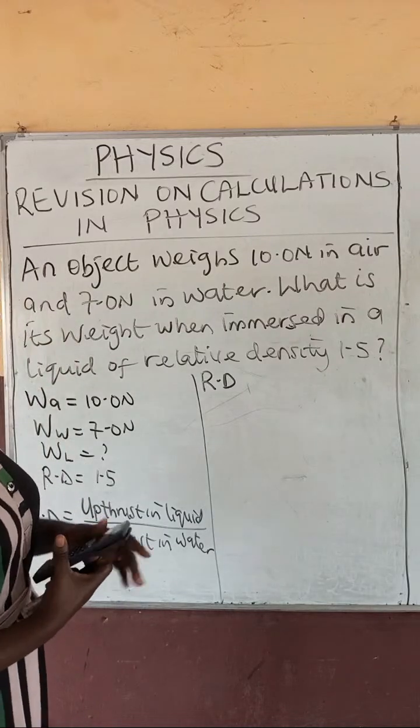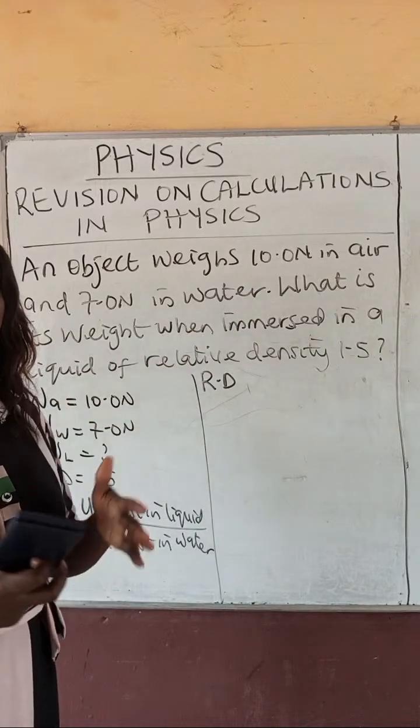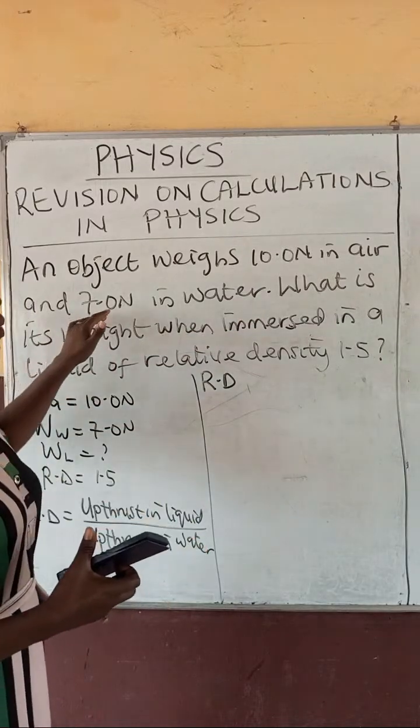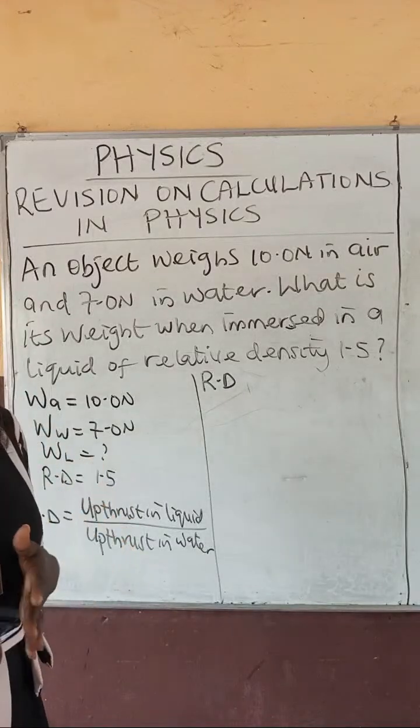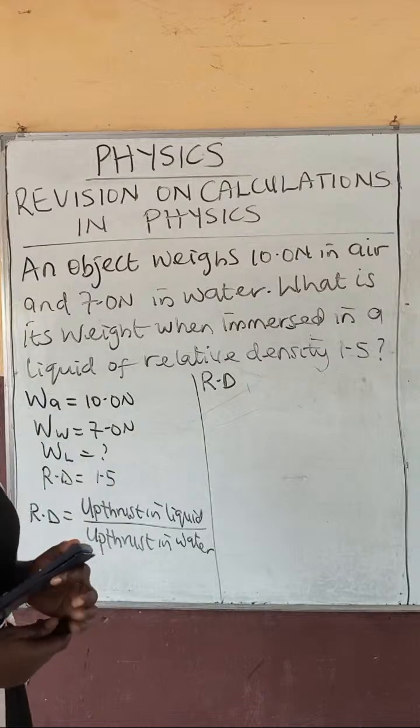Now, this body was weighing 10 Newton when it was in air. Now, it was immersed in water. It now weighs 7.0 Newton. Now, we are looking for the weight in a liquid, so I'm going to use upthrust.